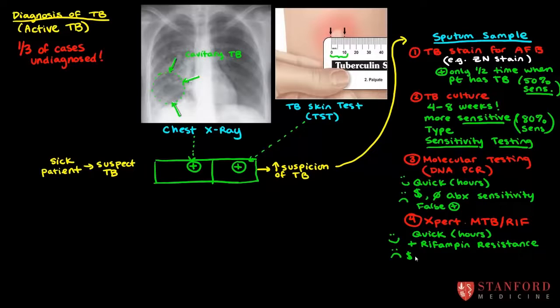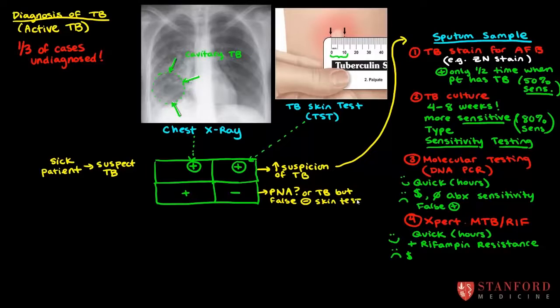Exactly. So there may be a circumstance where the chest x-ray is positive, but the tuberculin skin test is negative. This may be because the chest x-ray is not representing TB, or it may be that the skin test is falsely negative, either because it's an overwhelming infection and the immune system may not have kicked in enough to cause a positive skin test, or because it's so early in the infection that the skin test has not yet converted.